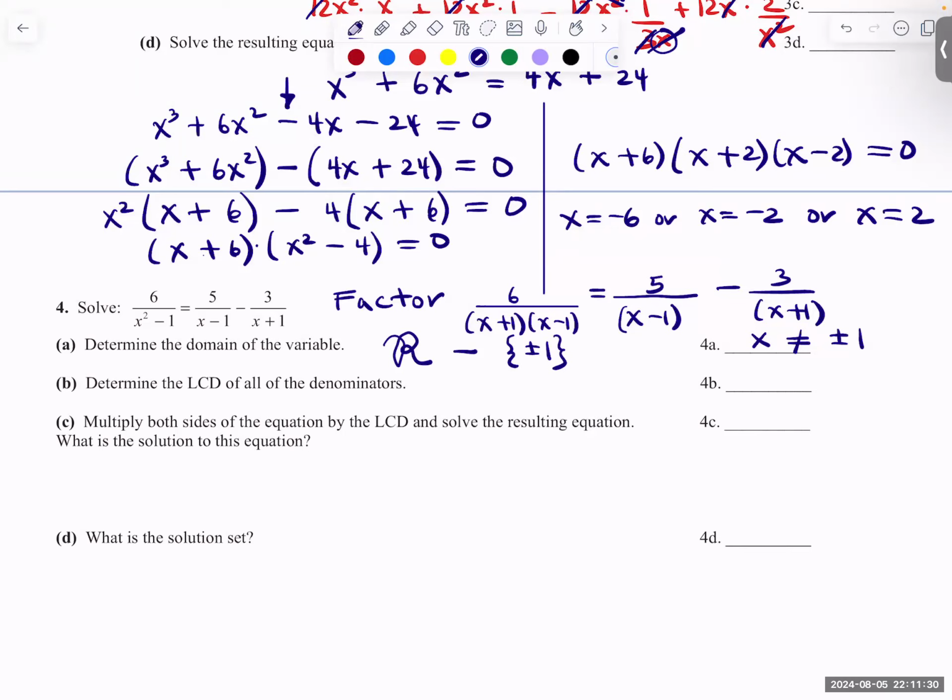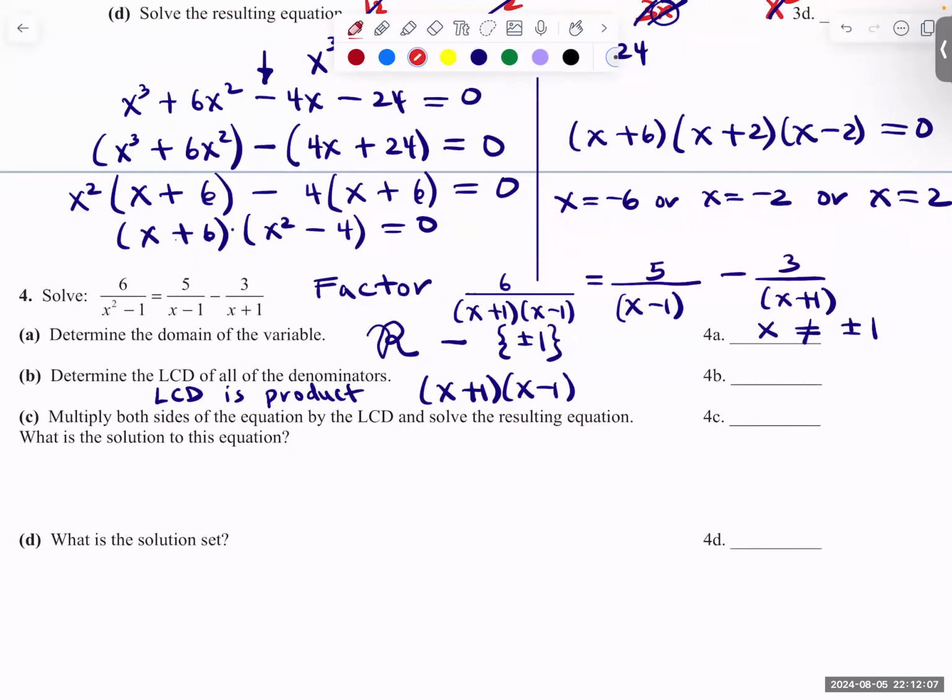After you factor the denominator, which is necessary to do step B, which is to state the least common denominator, the least common denominator is the product of the prime polynomials of the denominators, which are x plus 1 times x minus 1. You can get that from the first denominator, and then the others just repeat.